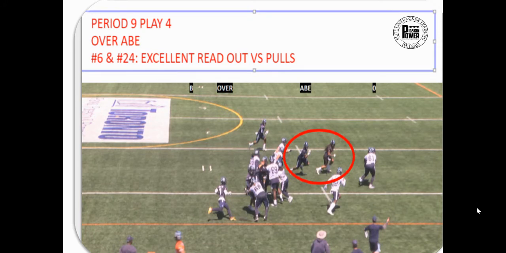But what happened is we get a gap scheme, a down block. We get a pull out in front. You can see number 61 in front. So this is actually a readout by these 2 linebackers. If the down block is successful, you can see the offensive lineman to the left of the circle chasing the 2 linebackers.